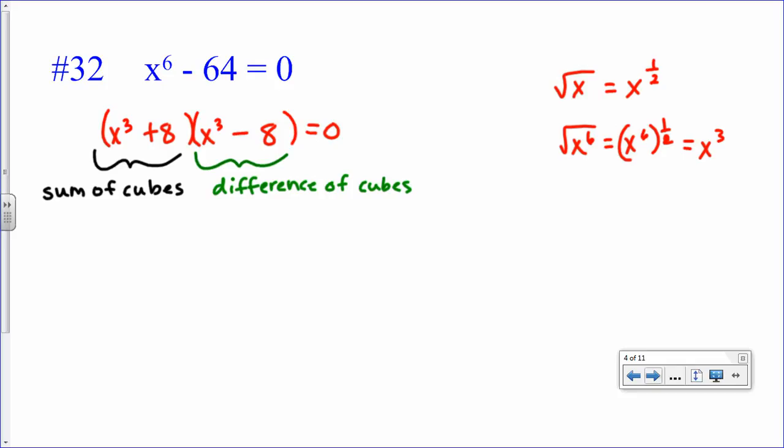Okay. So let's talk about those formulas. A cubed plus b cubed is a plus b, so cube roots, and then a squared minus ab, not 2, minus ab plus b squared.